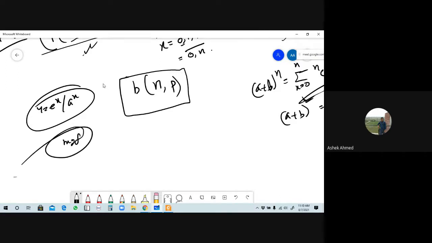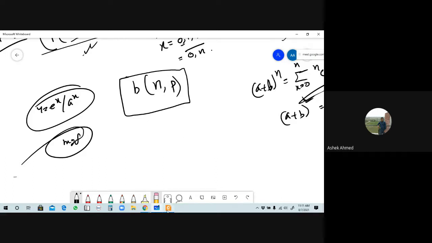If you apply the moment generating concept then it will be very easy. This is our easy technique.